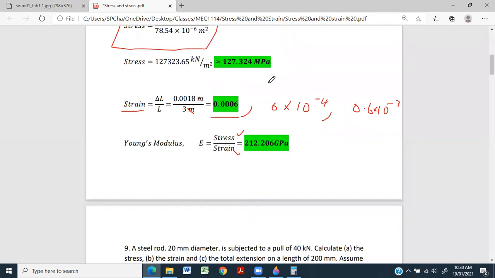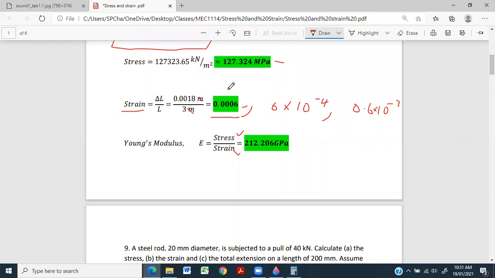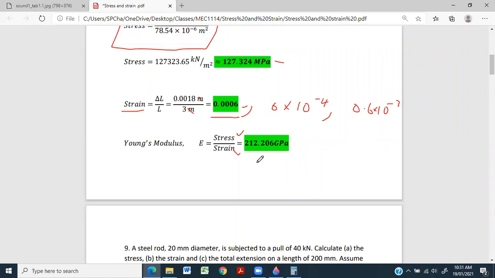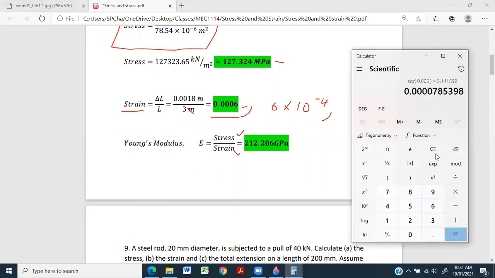Now, we found stress and we found strain. Let's divide them, and we should get Young's modulus. So this is in megapascals, remember that, and this is unitless.